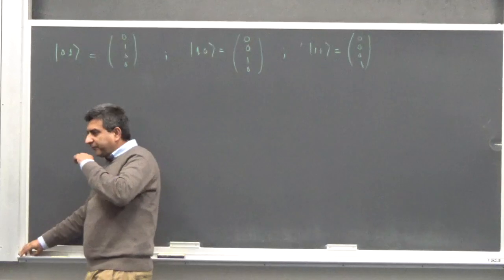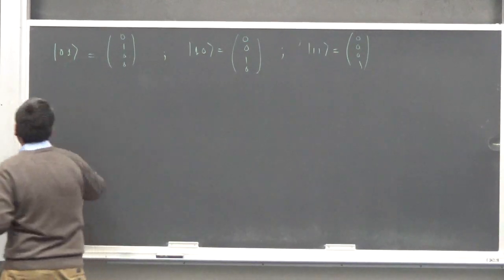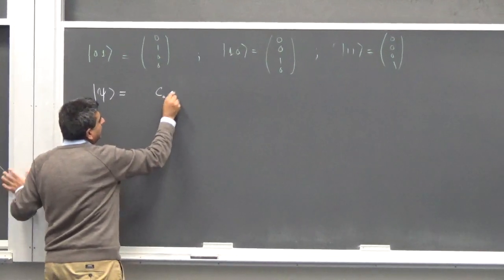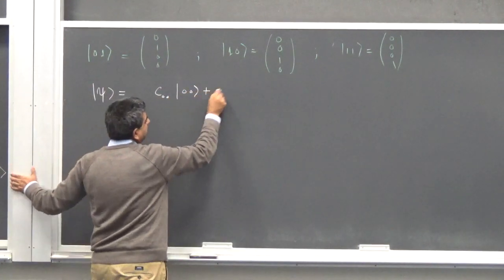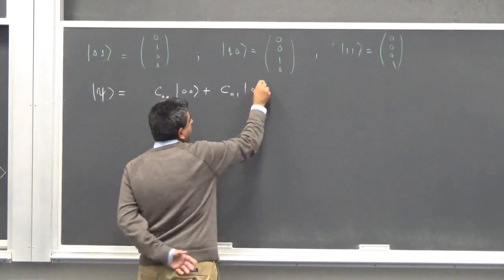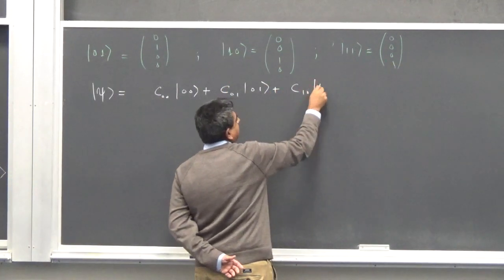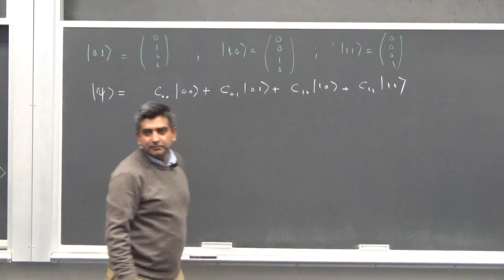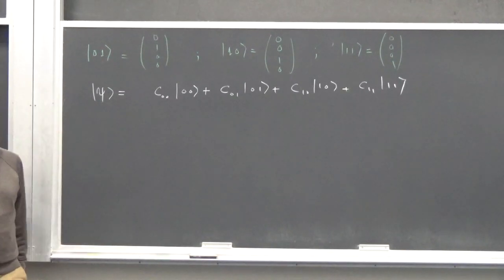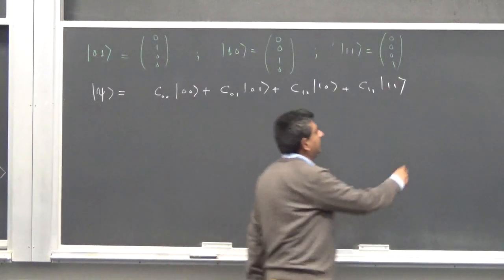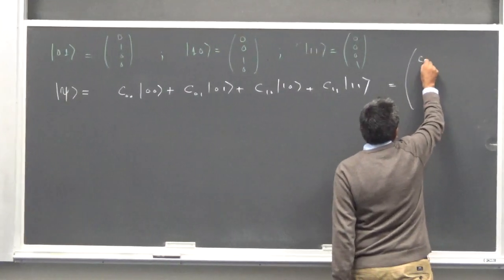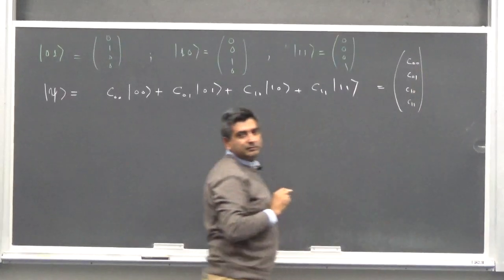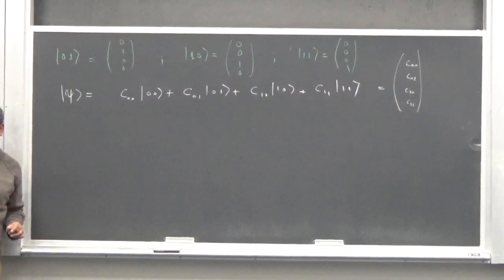So in 4-dimensional space, any quantum state could be written as a superposition of these 4 basis states. Correct? Or in vector notation, C00, C01, C10, C11, if the C's are complex numbers.